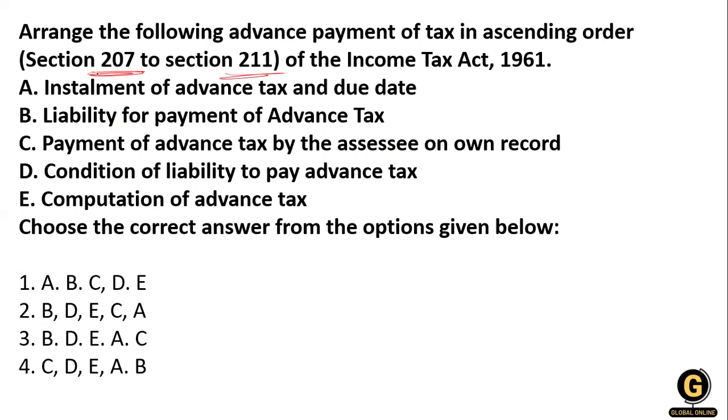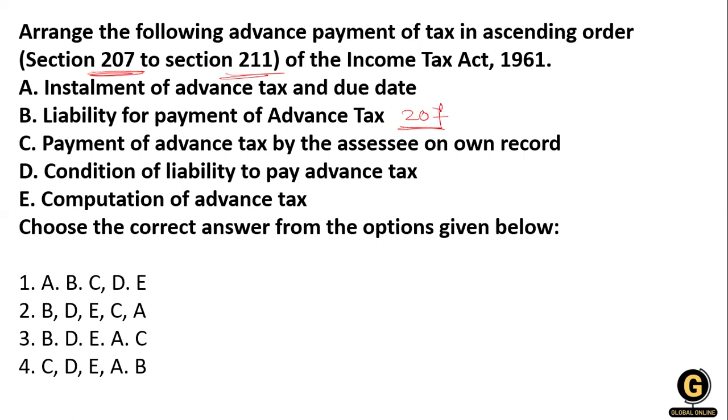First of all, we have to understand section 207 to section 211. Section 207 is for the liability to pay the advance tax. Sorry, 207. The liability of the payment of advance tax is in section 207.